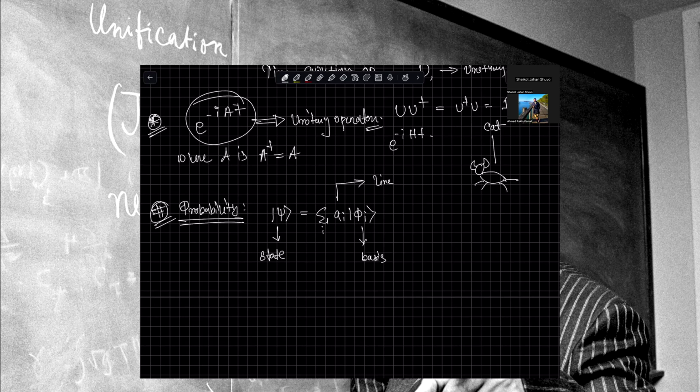Let's say the state of the cat is some number A with the state being dead, inside the box with some radioactive tube or something that's going to spill out all the radiation, the Schrodinger cat. And B is some number, and this state is alive. This is a linear combination, and so is this over here.